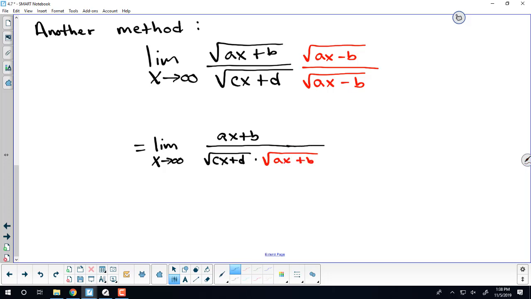Is there anything we can do with that? Still infinity over infinity. If you can figure out what to do here on the bottom, then you can kind of resolve the issue of the original limit. So although I can't cancel those radicals, what could I do with those if cx plus d and ax plus b are real numbers?